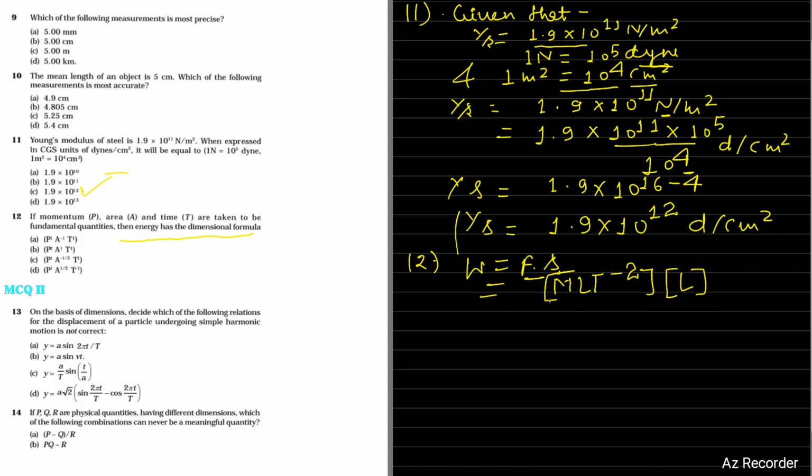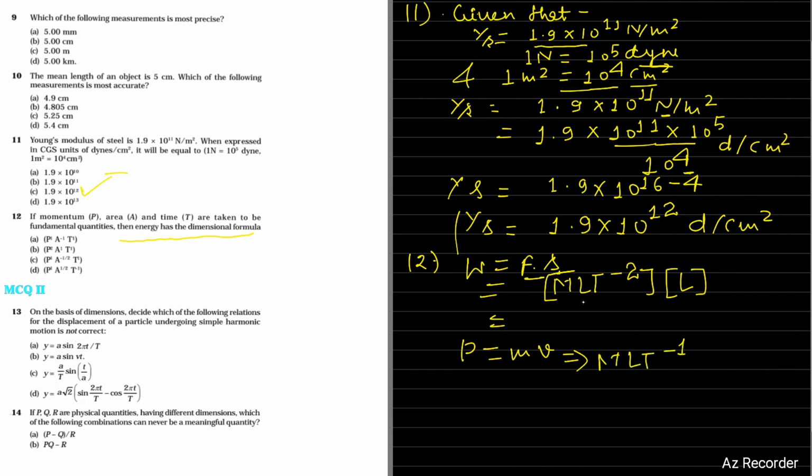Simply we can write it, because we know that we will have to convert it in the form of momentum, area and time. So we know that P is equal to M into V, and it has dimensional formula MLT^-1.